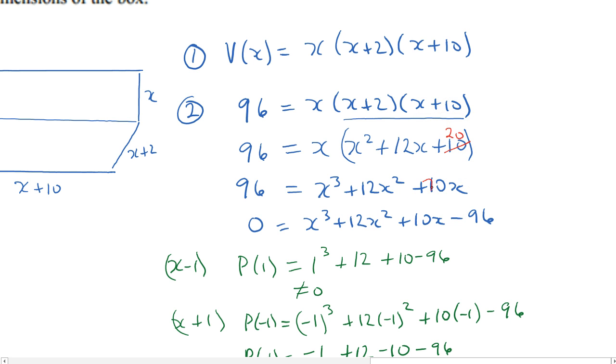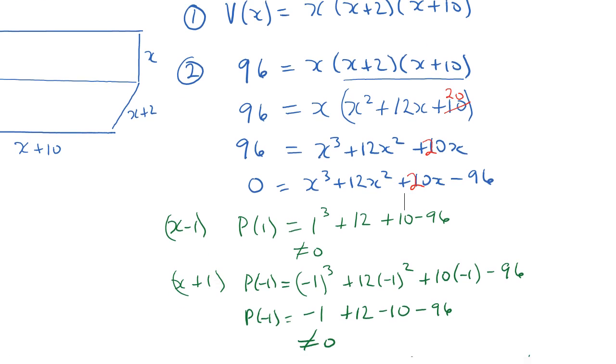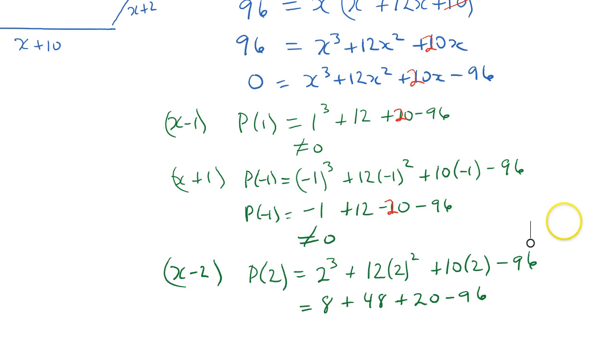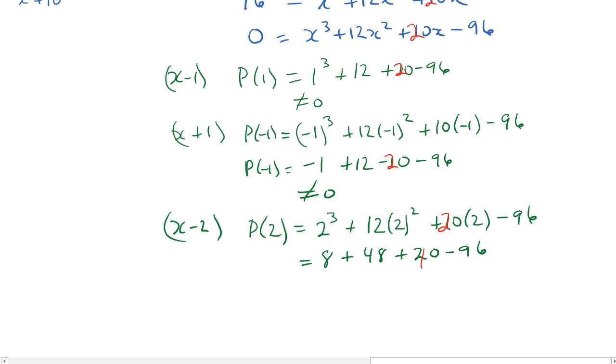And still, if I make this 20, this is still not equal to 0. This, however, I was hoping it was going to work out. That 20 times 2 here is a 40, and now let's see, 40 plus 48 plus 8 is actually 96, so minus 96 is 0.